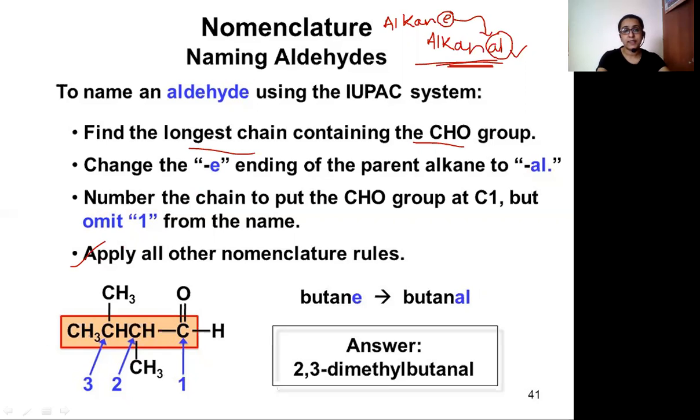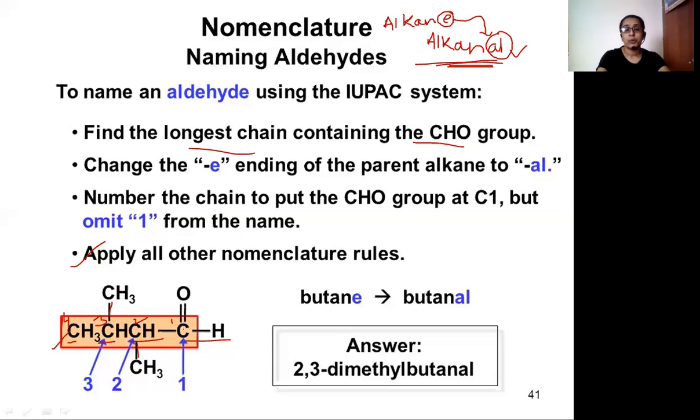Consider this example: CH3, CH, CH, CHO, and here it is CH3 and here it is CH3. So this is our continuous longest chain of 4 carbon atoms. This is 1, this is 2, this is 3, and this one is 4.